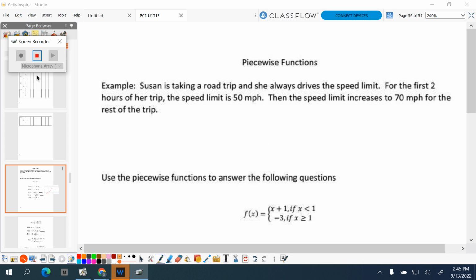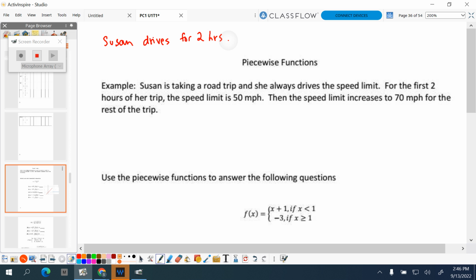So on your test, you will have a question. It's going to say something like, Susan, we're going to take the same stuff and kind of rearrange it. Over the 2 hours of her trip, Susan drives for 2 hours.